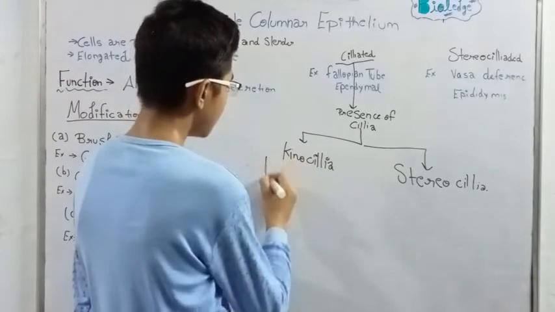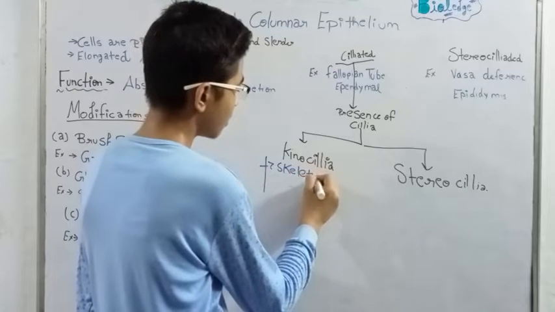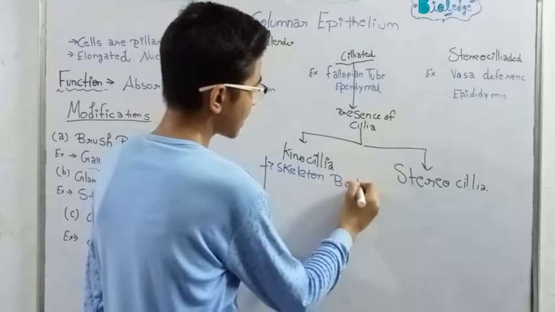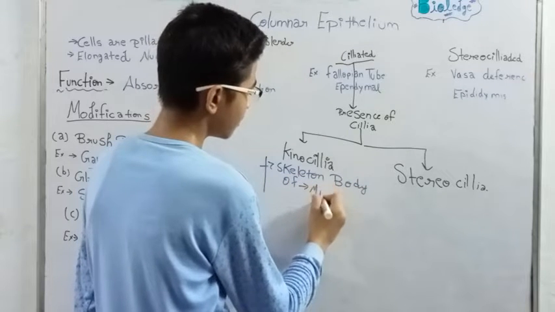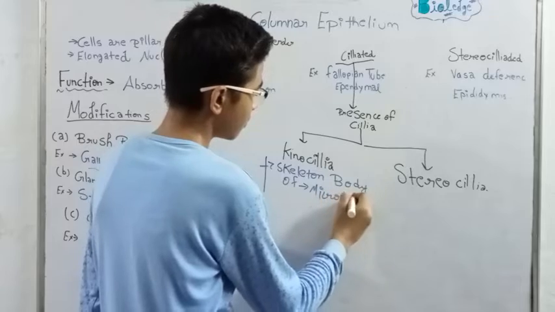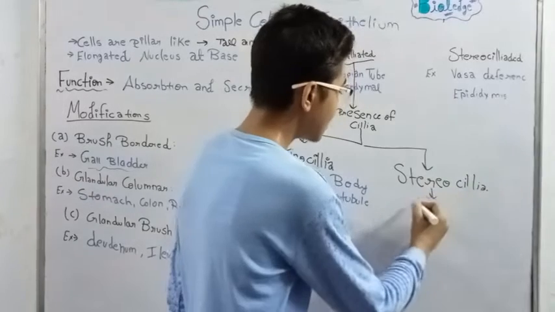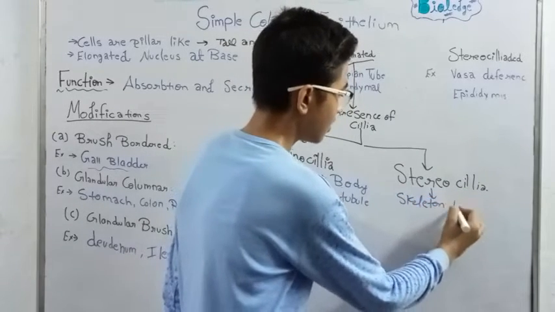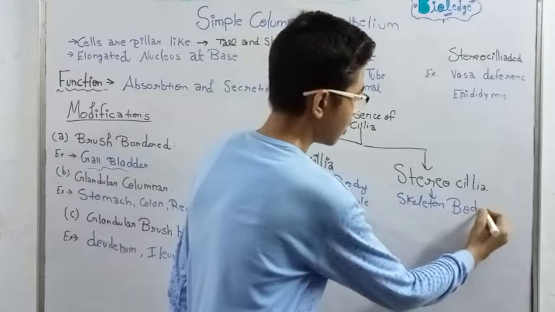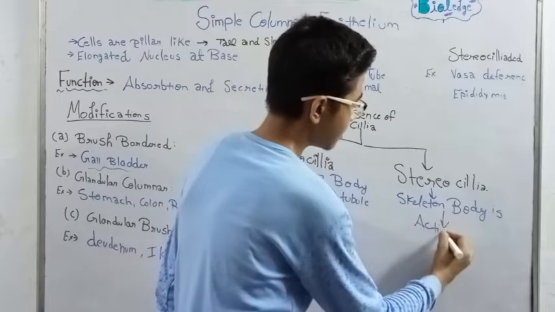Kinocilia have the skeleton body of microtubule, and stereocilia's skeleton body is actin filament.